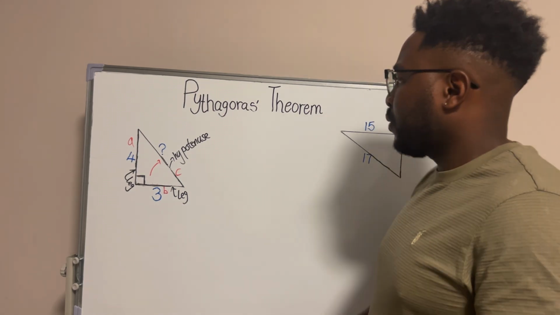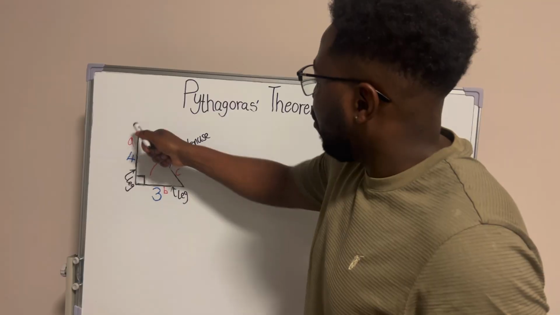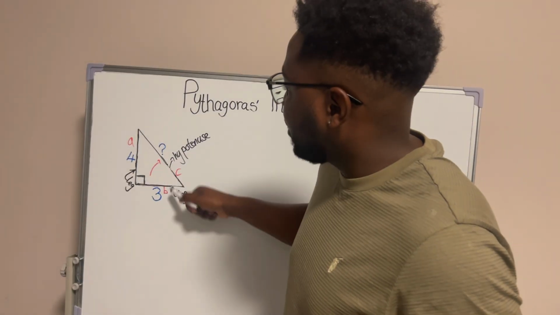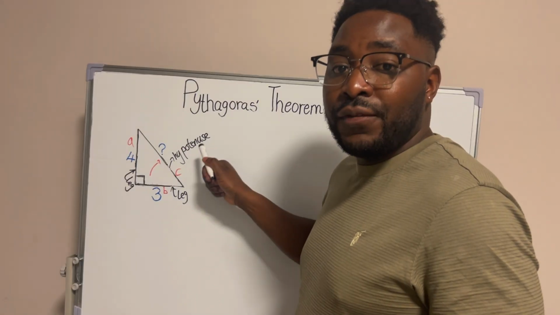Yes, okay, so now if you remember, I did say that the sum of squares of the two legs equals the square of the hypotenuse.